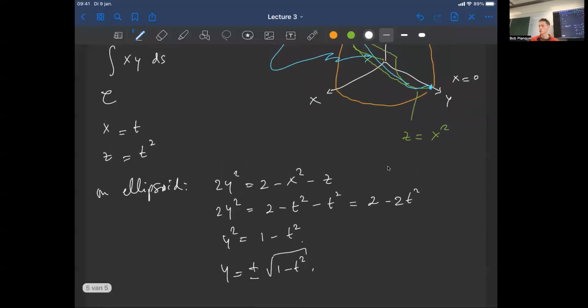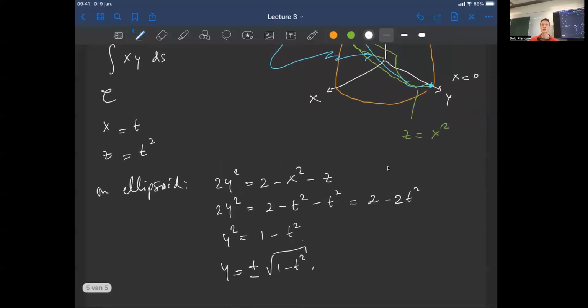And y is positive on this range, because my curve lies in the first octant. And so I have to take the plus square root. Otherwise I would have parameterized it below 0.